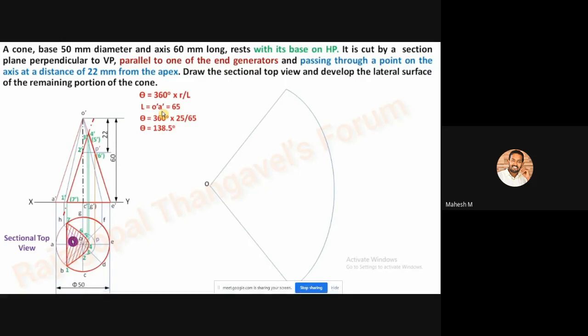So for that you have to use this concept, that is 138.5 degree divided by 8. So the value will be 17.31 degree. Now you can create a line with an angle of 17.31 degree. So from the first line, you draw a line at 17.31 degree. After that, another line at 17.31 degree.